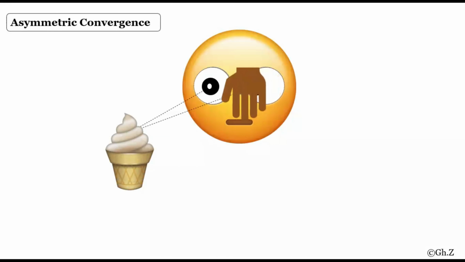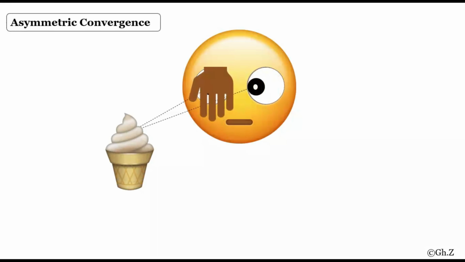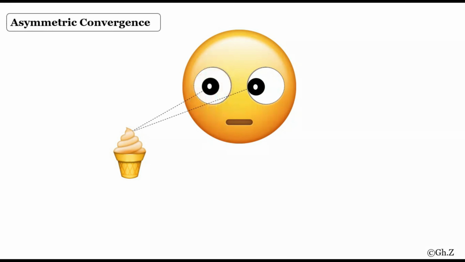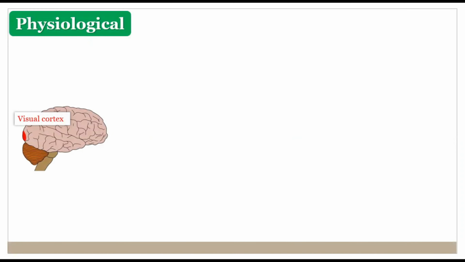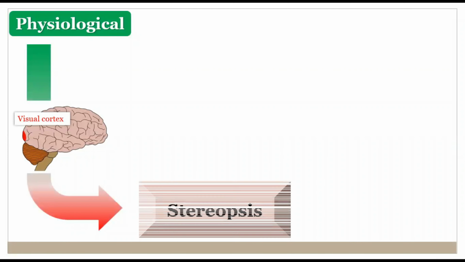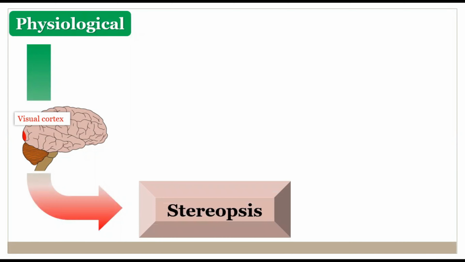Now switch the cover and occlude your right eye. Same target, it will look smaller. So you can experience this kind of aniseikonia. But with both eyes open, you can see the near target in depth. So let's summarize physiological aniseikonia: there is some sort of physiological aniseikonia, and it is used by the visual cortex to produce stereopsis.